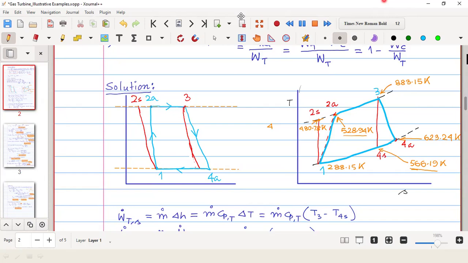So there is extra temperature at the turbine exit, that is 623. It's about 57 degrees extra temperature in the turbine exit. So this is quite understandable.